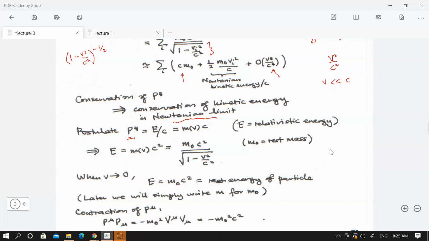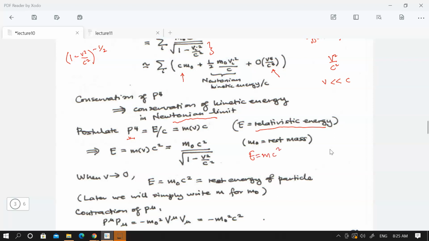Your E is the relativistic energy, and we bring the 1 over c factor to the other side. That gives you E equals mc squared, the famous Einstein equation relating mass to energy.